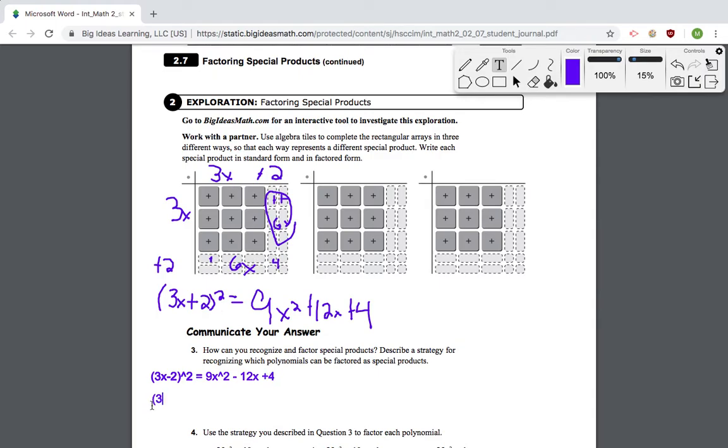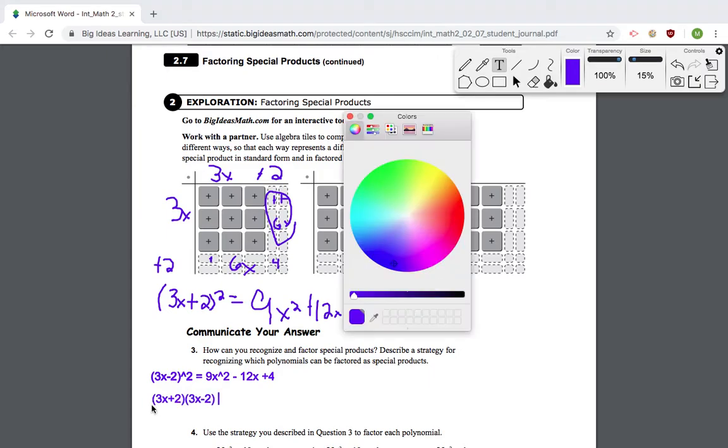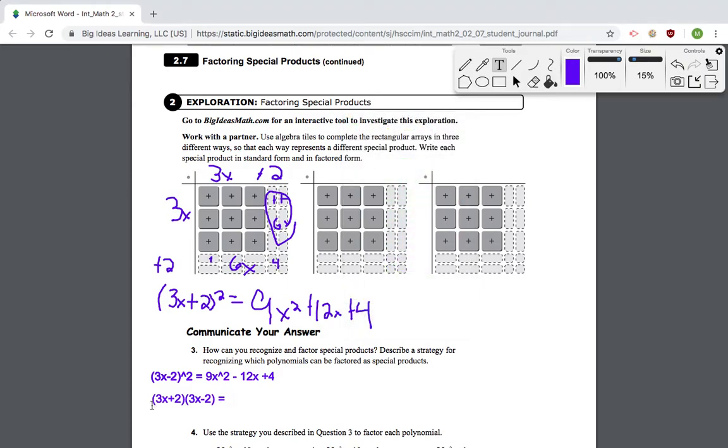And then the other one is 3x plus 2 times 3x minus 2, which equals 9x squared plus 6x minus 6x, which is 0, minus 4. So those are the special product patterns. And so last week we went from multiplying, which is going from factored form to standard form. And today, in this lesson, we are factoring, which is going from standard form to factored form.